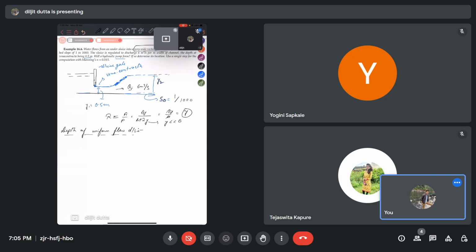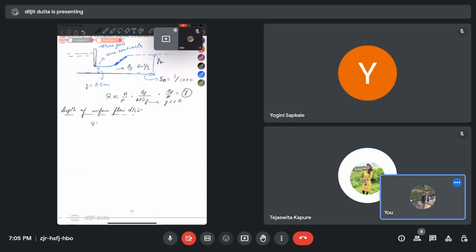How can we obtain it? We can get that by Manning's formula. V is equal to 1 by n R to the power 2 by 3 S naught to the power of half. Now V is given by q by y.